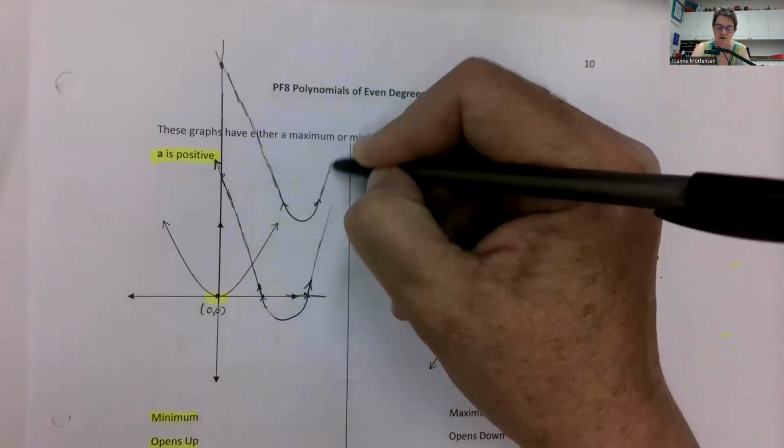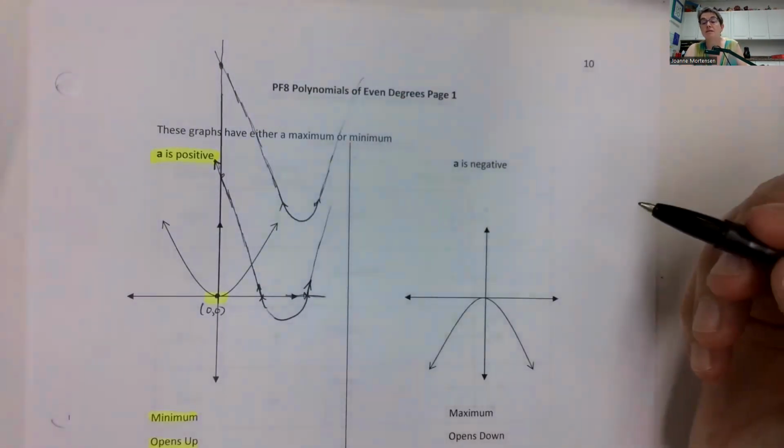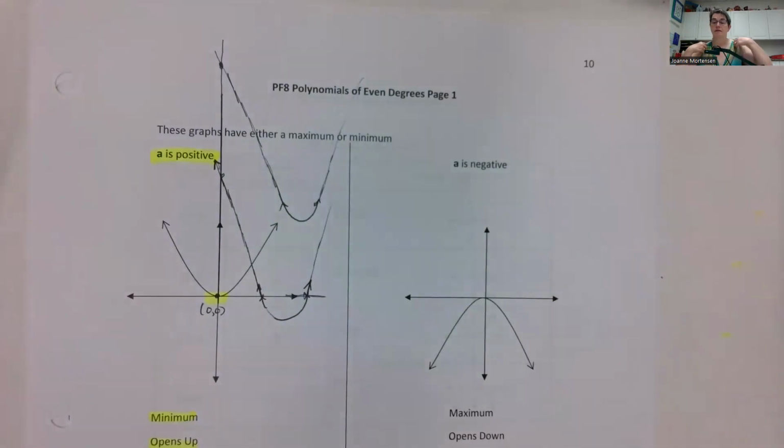It's not like they just go off in one direction. But this one doesn't have any x-intercepts at all. And that's okay. So with these, you can have 0, 1, or 2, because I think we're only going to go to quadratics, but that's kind of getting into the next little section. Anyway, there you go.